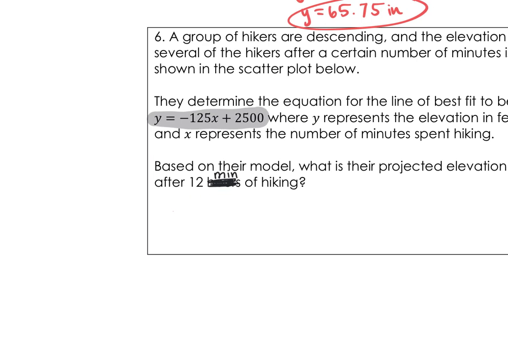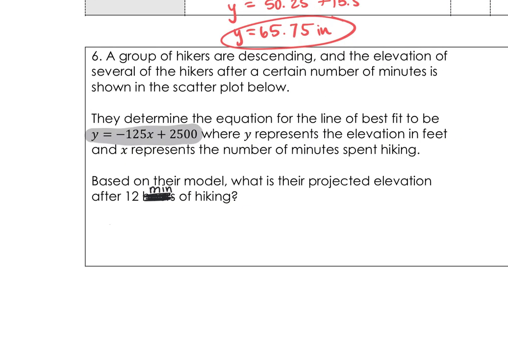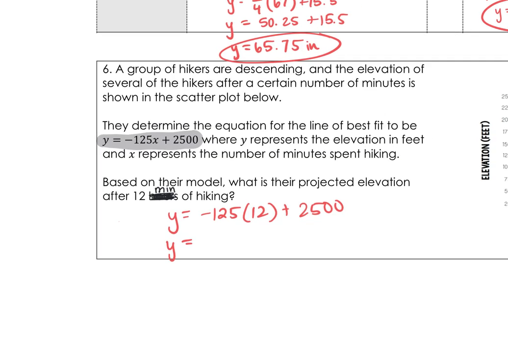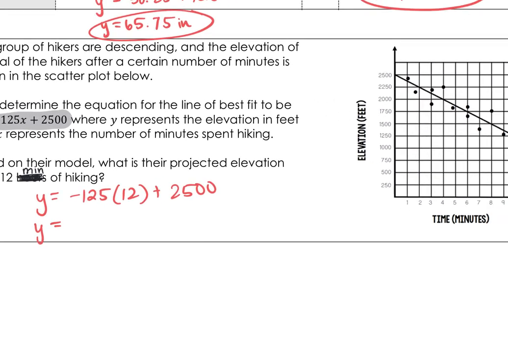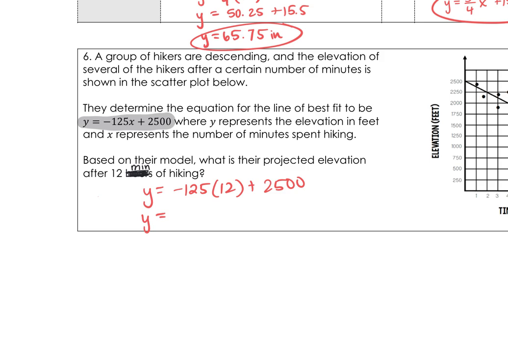Okay. So our x is just going to be 12. Y equals negative 125 times 12 plus where they started at that 2,500. Is that going to make more sense?